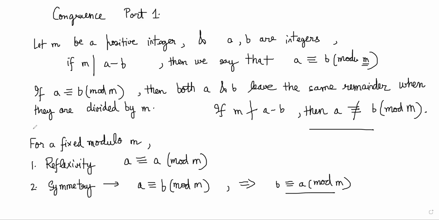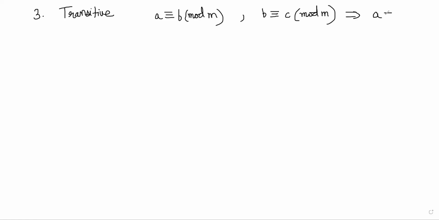The third property is transitivity, transitive behavior. So if A is congruent to B mod M and B is congruent to C mod M, this implies that A is congruent to C mod M. So if A is congruent to B, B is congruent to C, it implies that A is congruent to C, right?